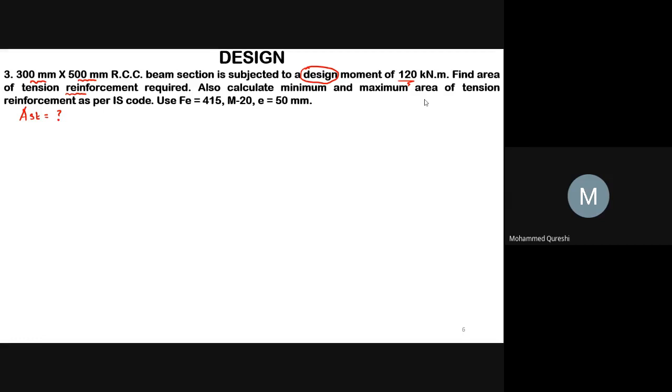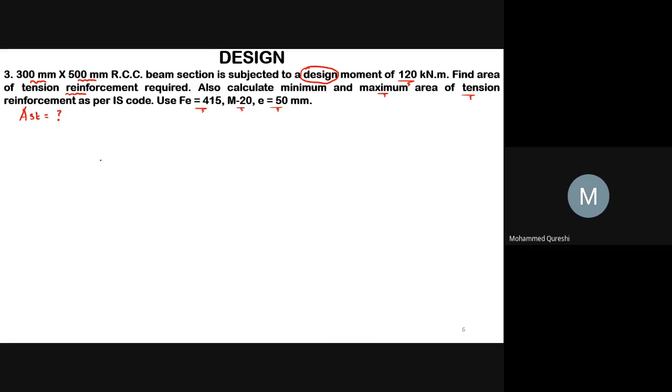We have to calculate the minimum area of tension reinforcement. Minimum area of tension reinforcement is given in IS code, as well as the maximum area of tension reinforcement equation is also given in IS code. And use FE415 M20 and the effective cover is 50 mm.